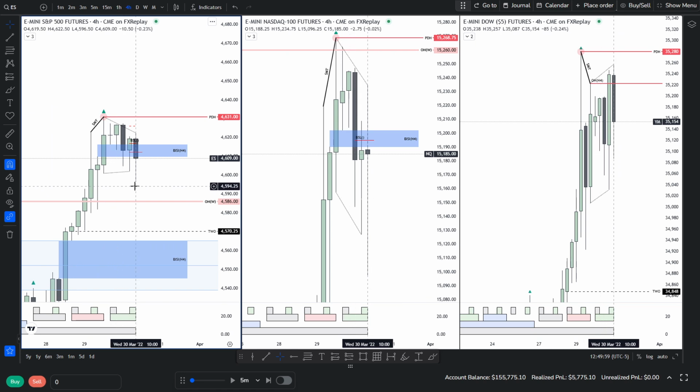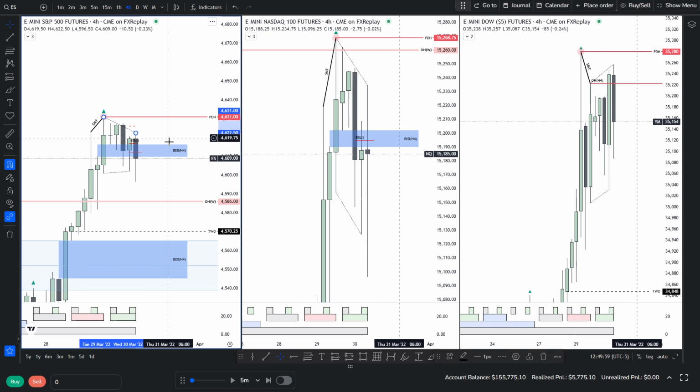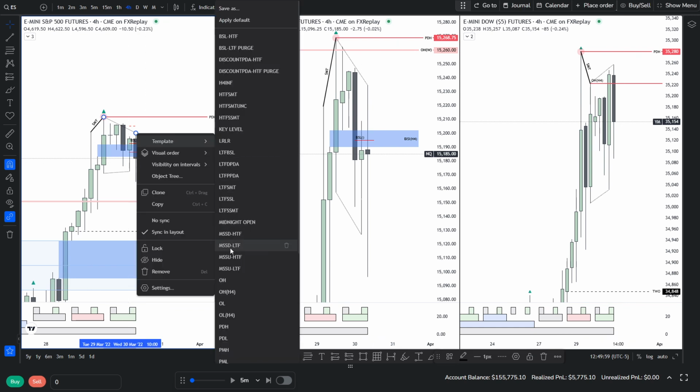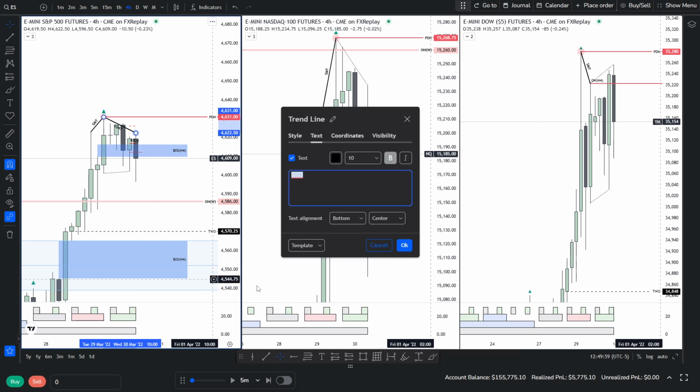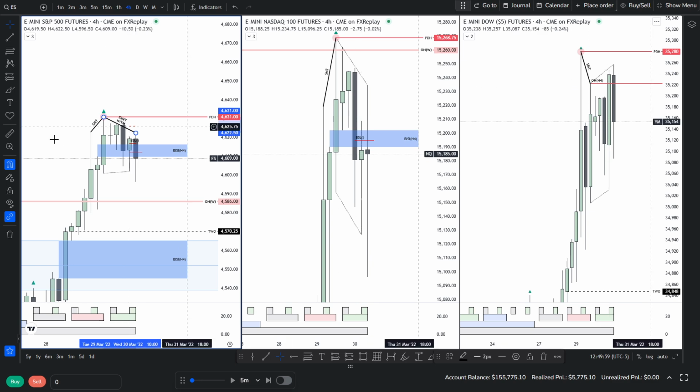Now this would be classified as, you could say, partial SMT, because it's not the highest high. That being said, it's SMT with YM. So we could, if we wanted to, for argument's sake, so this is SMT with YM, and as we can see, YM creating that higher high.